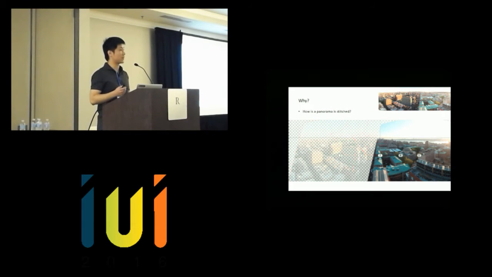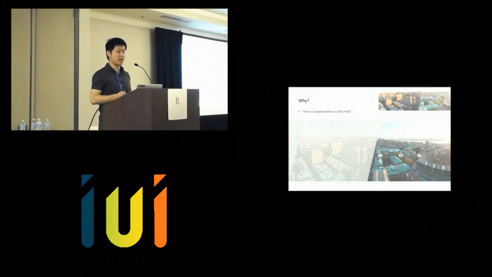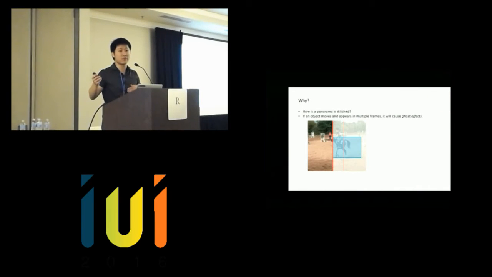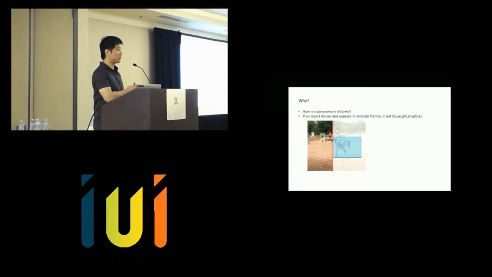This looks perfect when the scene is static, but things begin to go wrong when there is a moving target. For example, here, it is a panorama with three different frames, and the photographer was sweeping the camera from the left to the right, and there was a horse moving from the right to the left. Here's the first frame. We can see the blue rectangle shows where the horse is, and therefore, in the first frame, only part of the head of the horse appears in the frame.